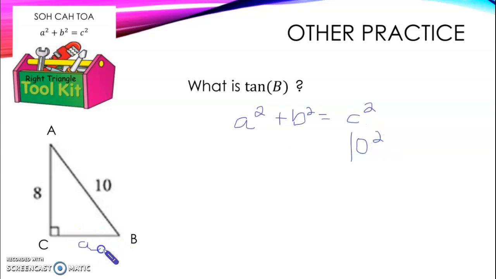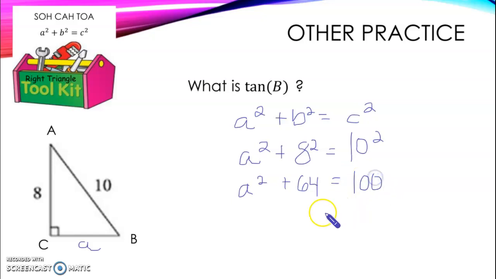I'll just go ahead and label this as A since we don't know what it is. And we can label 8 to be B. And now we're going to solve for A. 8 squared is 64, 10 squared is 100. We're going to subtract 64 from both sides.